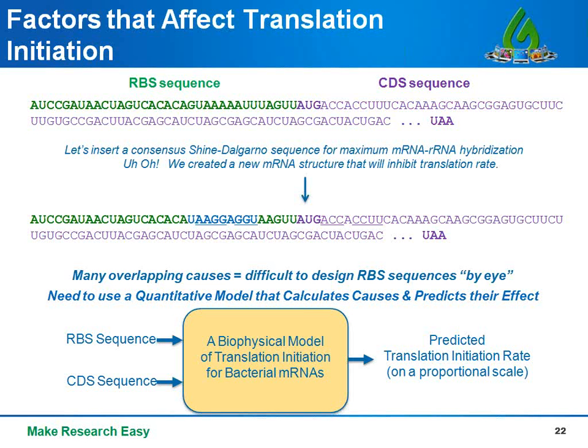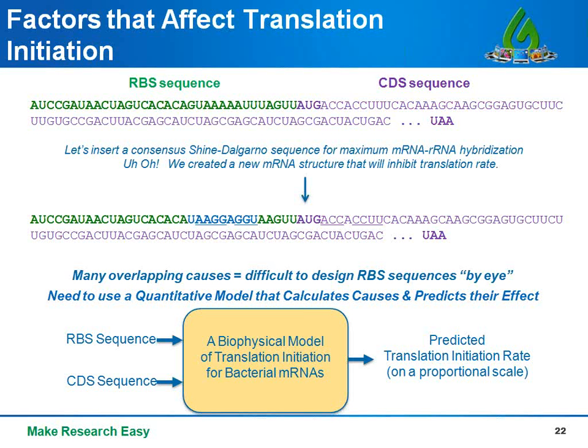So you can see that it's not as simple as just looking at it and being able to do the design by eye, because there are many overlapping causes which make it difficult to design this by eye. Instead, you need to use a quantitative model that will calculate all of the causes and predict the best outcome.